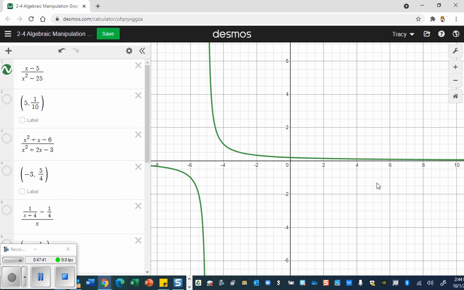We had x plus 5 in the denominator, so that explains the vertical asymptote at x equals -5. But that point that screwed everything up, we removed him. He was a removable hole.